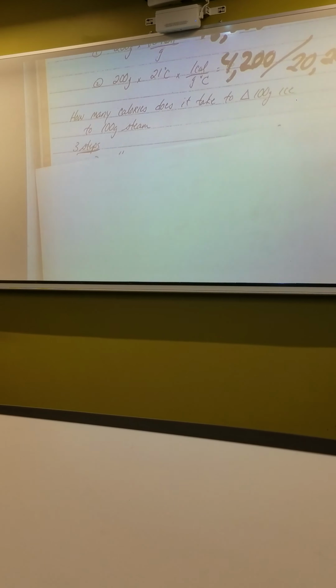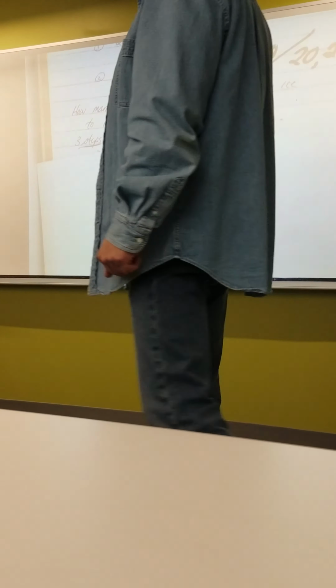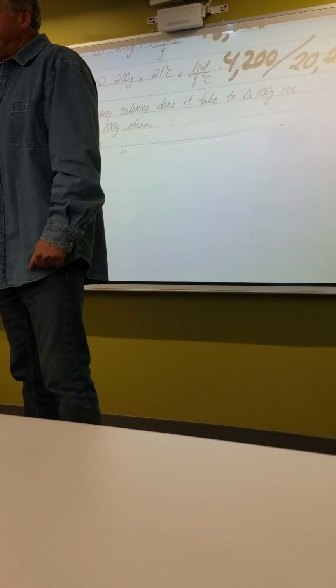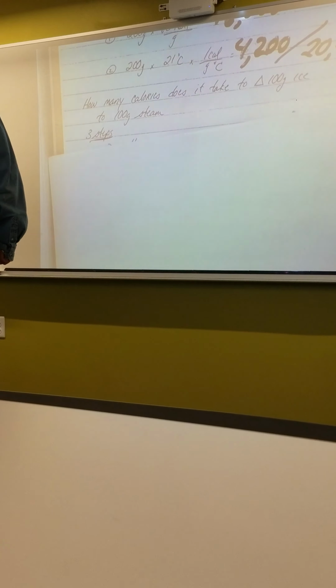This looks like 100 times 100. And then the last step is take your 100 times 540. That's your third step. Then add those 3 steps up, and that'll give you your answer.